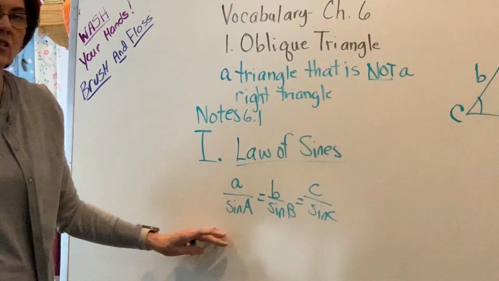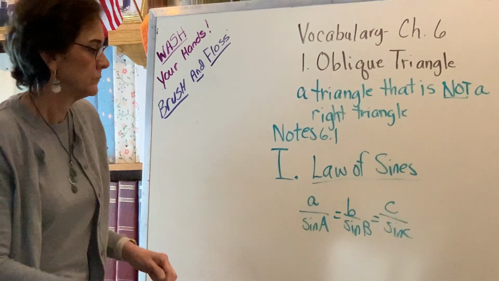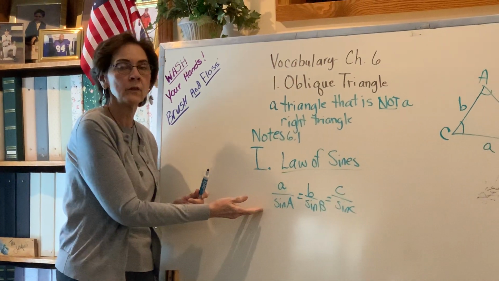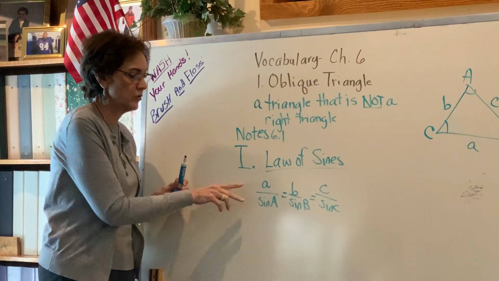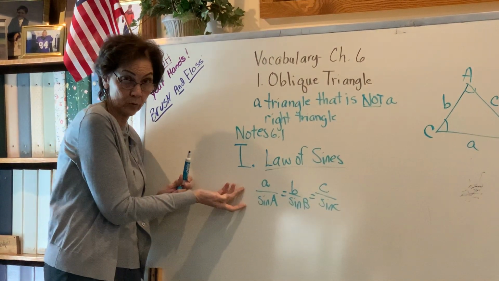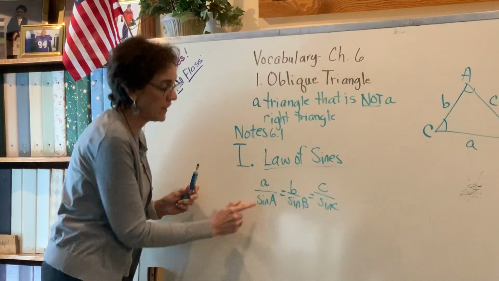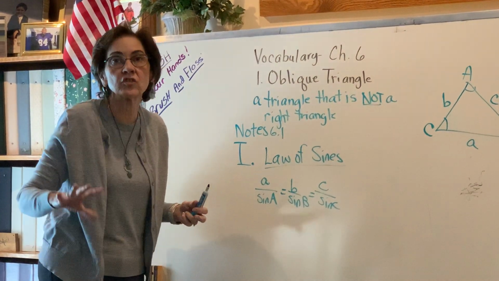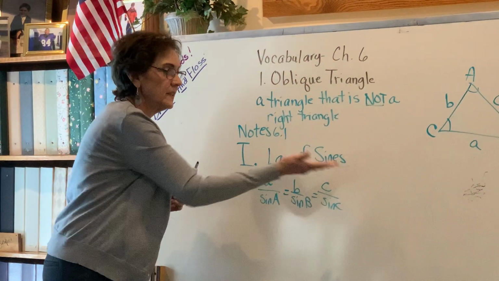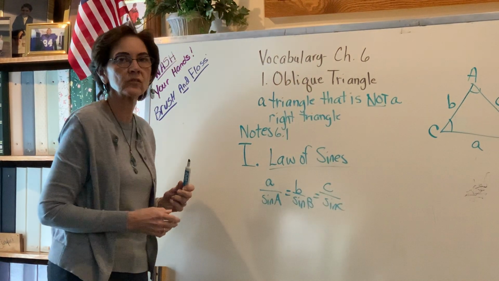Alrighty, now just so you know, this is the rule that is in our textbook, but many textbooks do these reciprocals. They put sine A over a, sine B over b, sine C over c. So technically it doesn't matter as long as you're consistent: all the side lengths on top, all the sine of angles on the bottom.